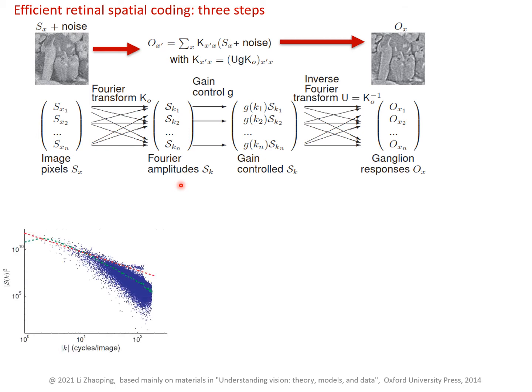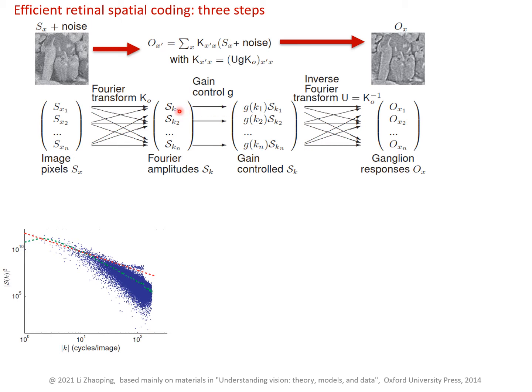We have seen that these components have the highest power at low spatial frequency K, and decay very quickly with spatial frequency K. The next step is gain control.